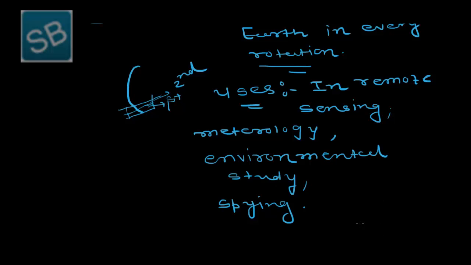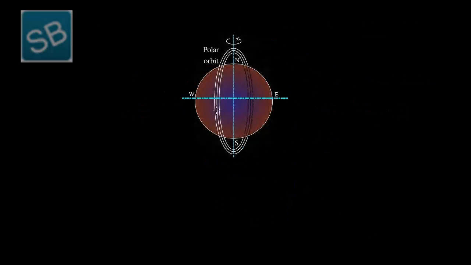Now we will see the actual construction or the motion of polar satellites. So here the polar orbit is shown, which is from north to south, and its rotation axis is in this direction, and this is known as the polar orbit, and this is our Earth, which we can consider as the equatorial orbit.